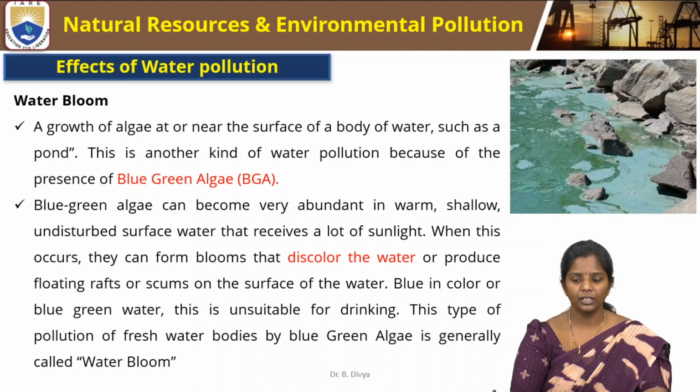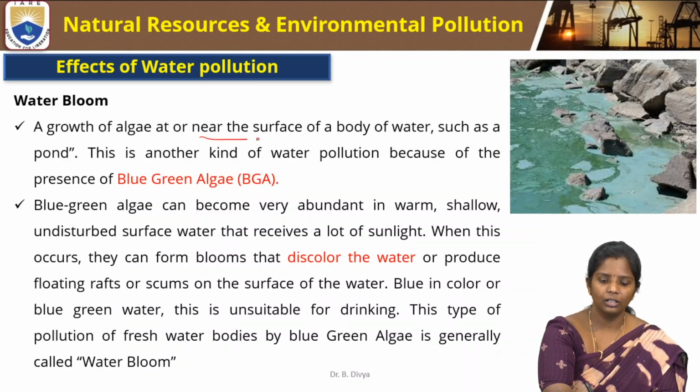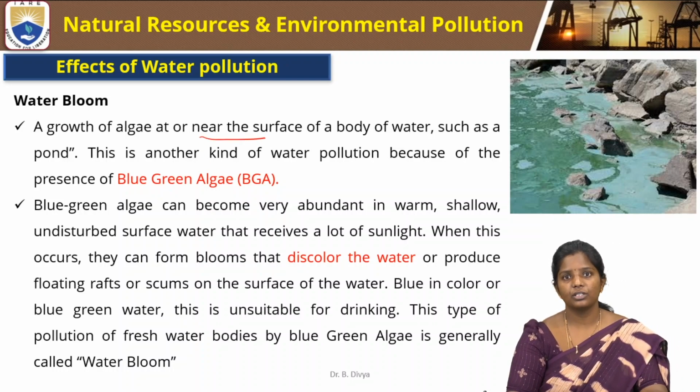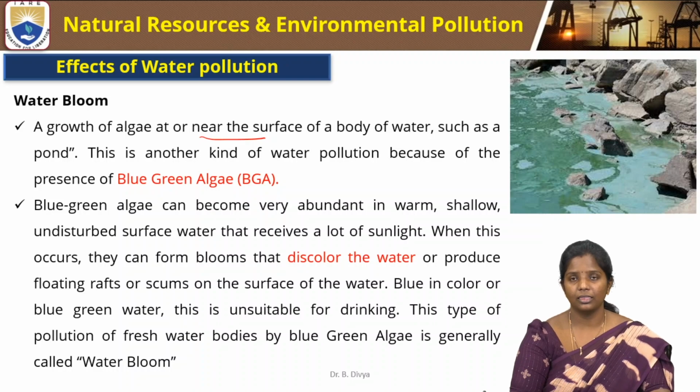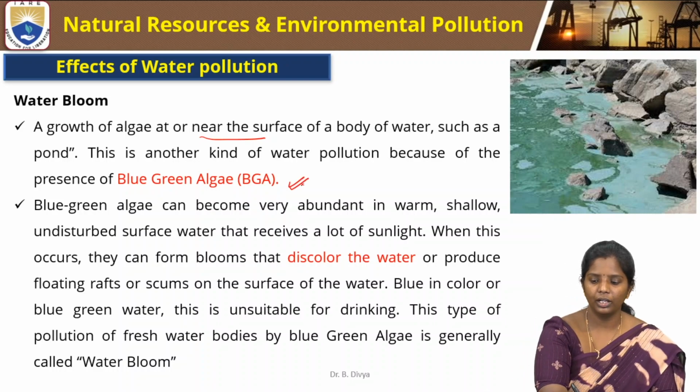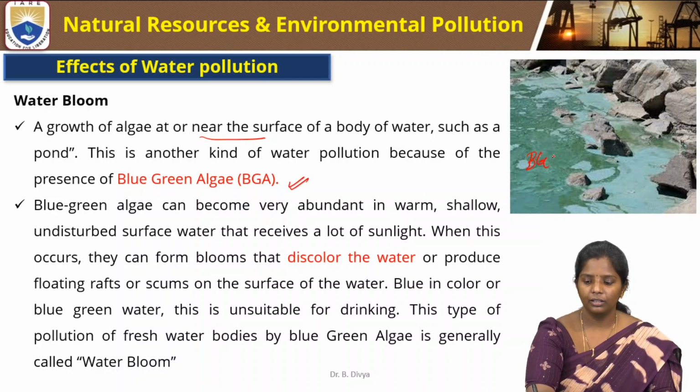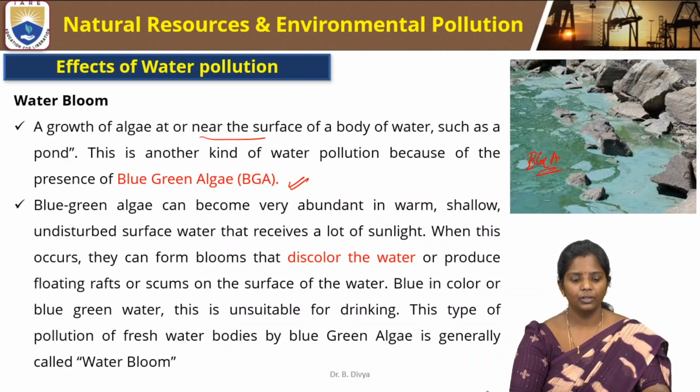Next is the water bloom. This is the other effect that happens in the water due to water pollution. The growth of algae at or near the surface of water bodies such as a pond is a type of pollution. For example, blue-green algae developing in a stagnant water body.